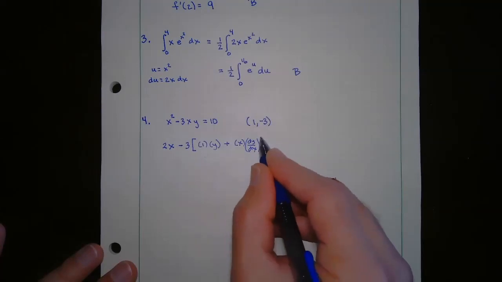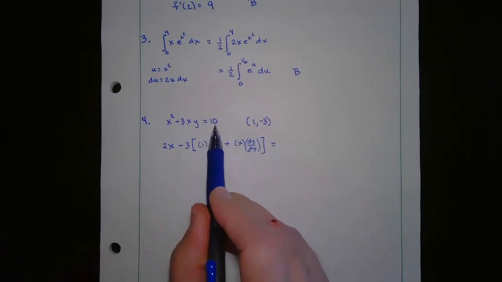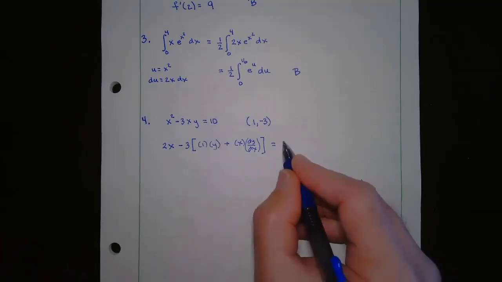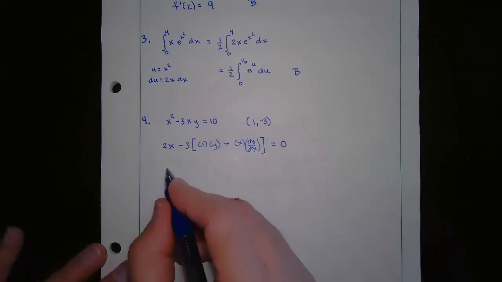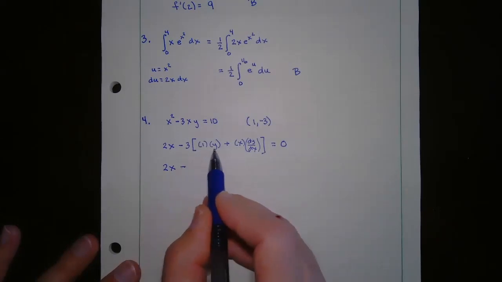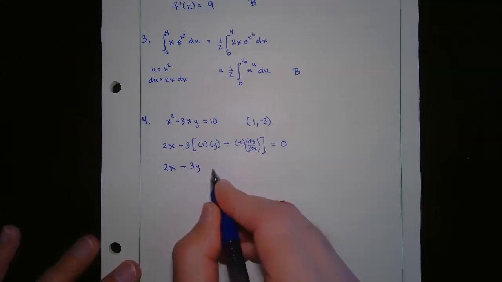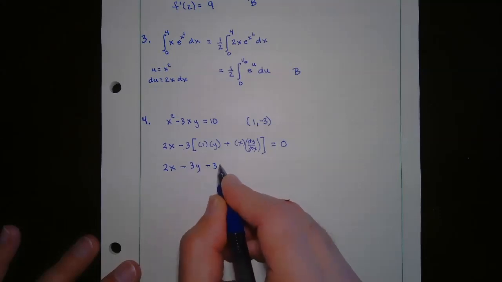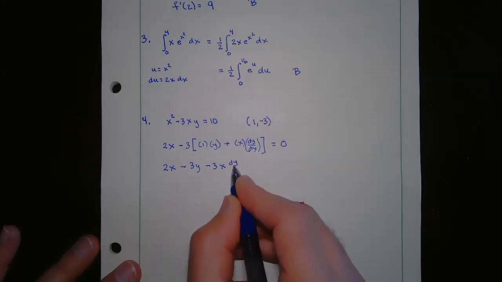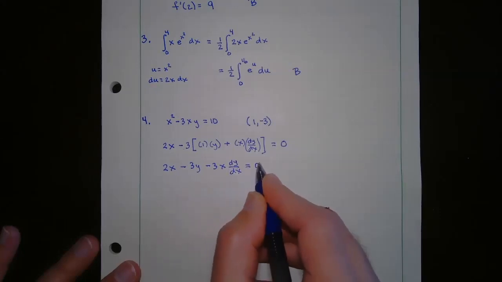You wouldn't have to have the parentheses. And then close the bracket, and then equals, and the derivative with respect to x of 10, well, that's just a constant, so that would be 0, okay? So this becomes 2x minus 3y, since I'm multiplying by 3, and then minus 3x dy over dx is equal to 0.